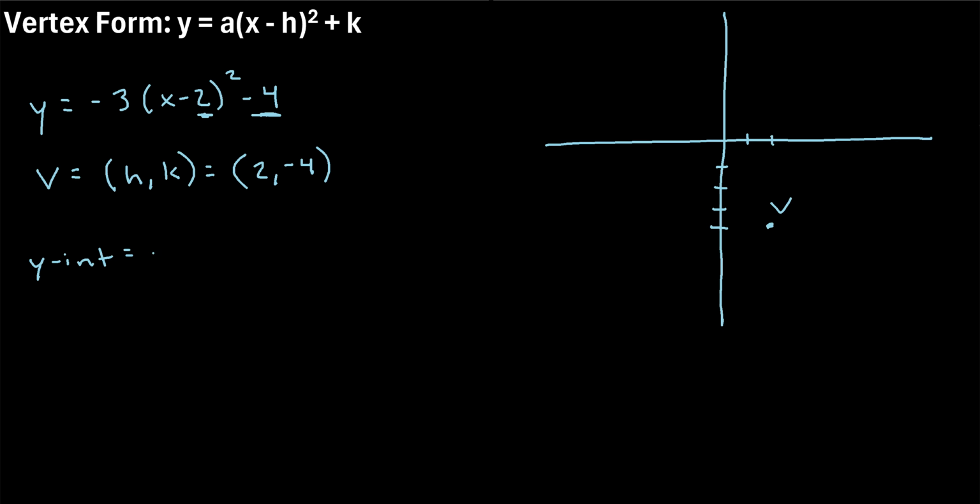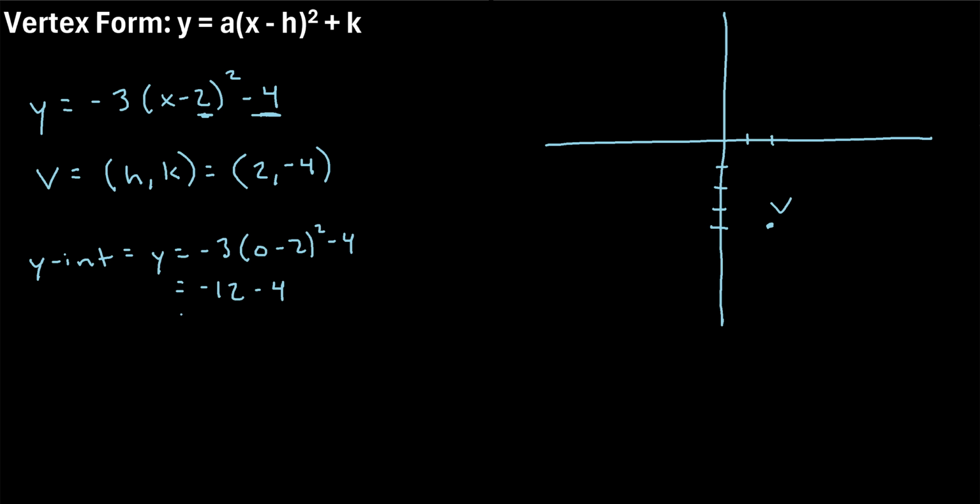So let's write y-intercept is equal to, we'll plug in a 0 for x into this equation and see what we get. So y is equal to negative 3 times (0 minus 2) squared minus 4. So we get 0 minus 2, that's negative 2, squared is a positive 4. So we have negative 3 times 4, so that's negative 12. And then we have a minus 4 out here.